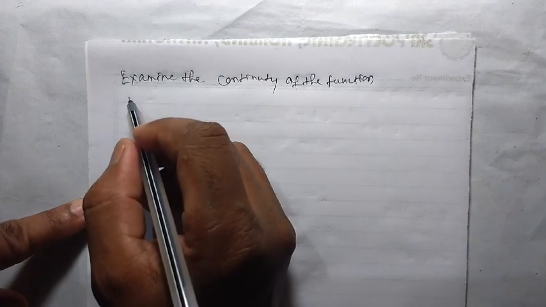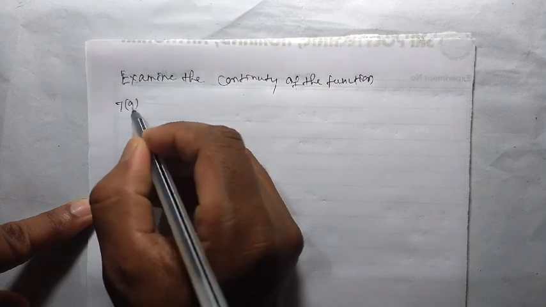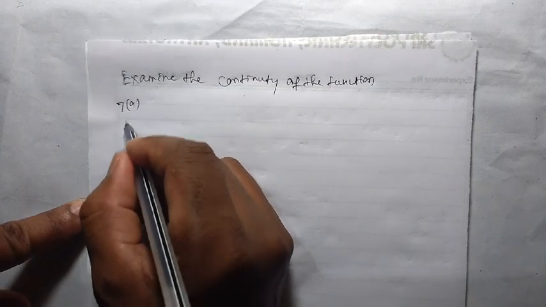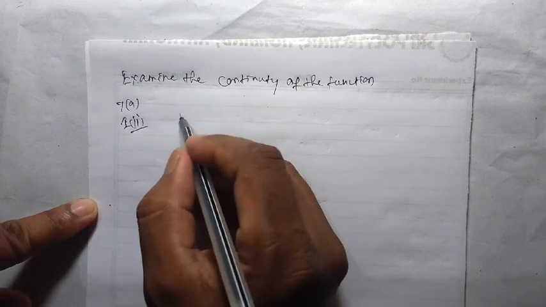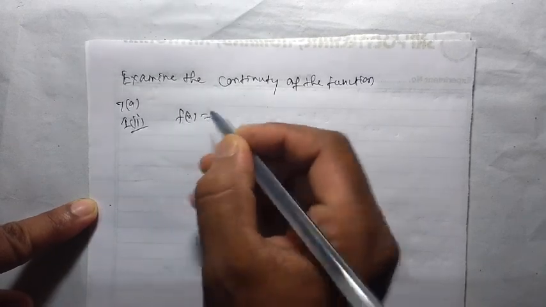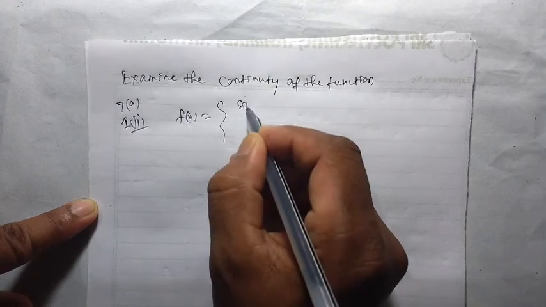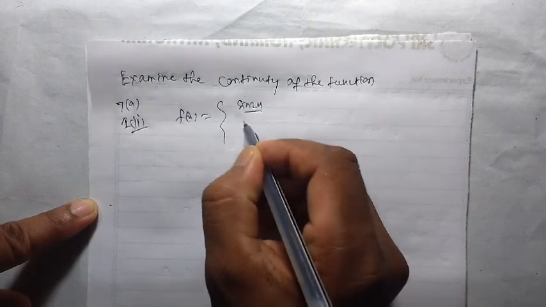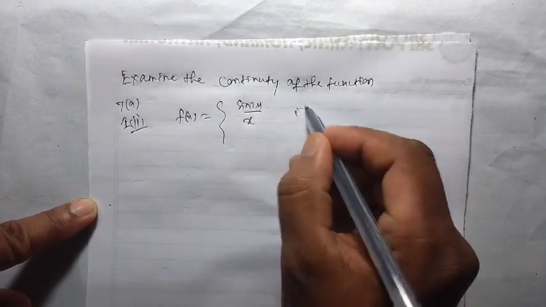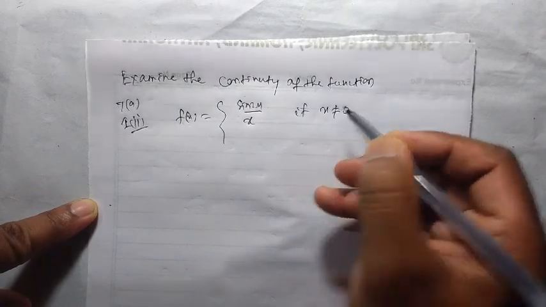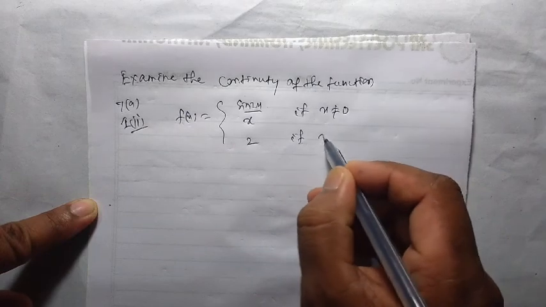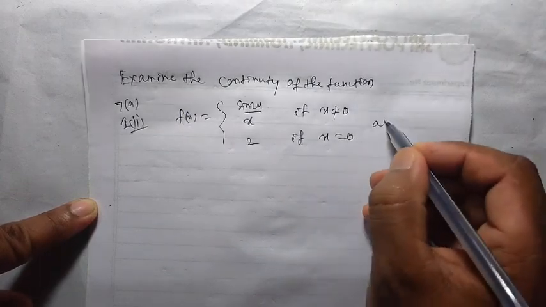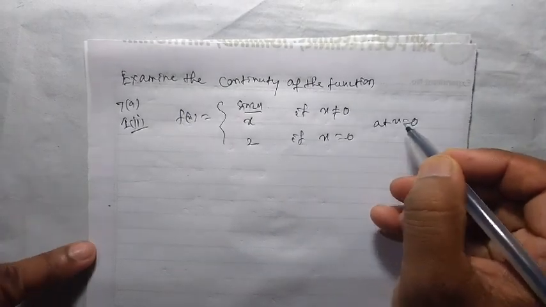This is the question of Elements of Mathematics, exercise 7A, question 1, part 2. The question is given: f of x is equal to sin 2x by x if x is not equal to 0, and f of x is equal to 2 if x is equal to 0, at x is equal to 0.